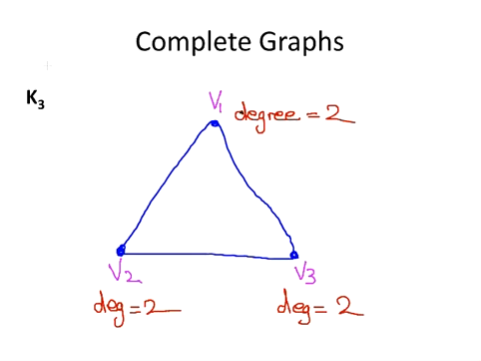What we're going to try and do is derive a rule based on the number of vertices and the degree, so that we can come up with a rule-based system rather than just counting them out one by one.